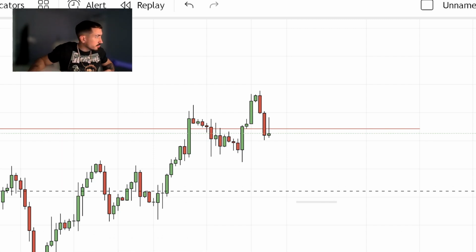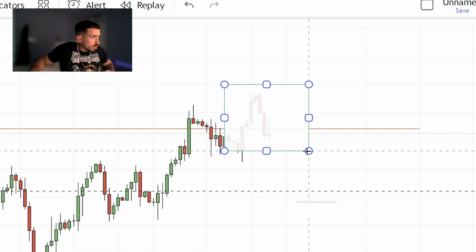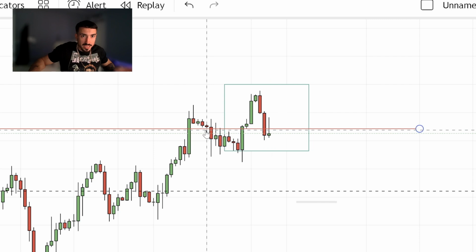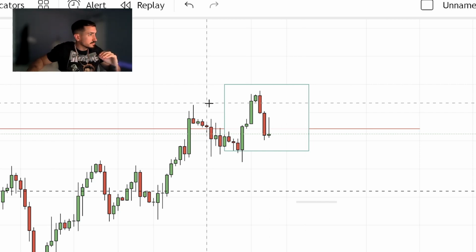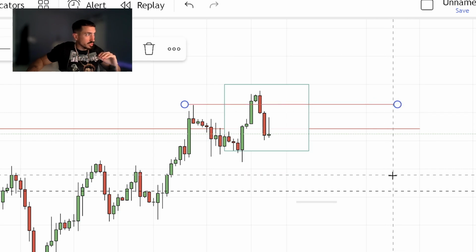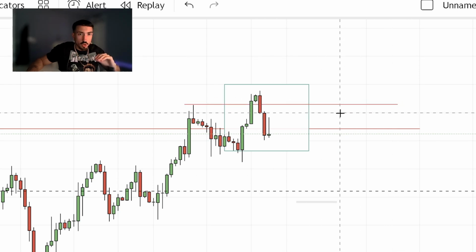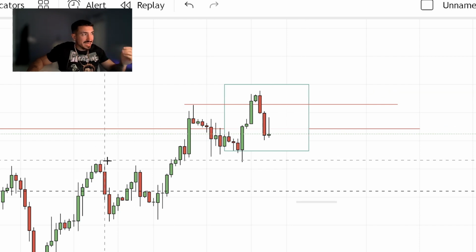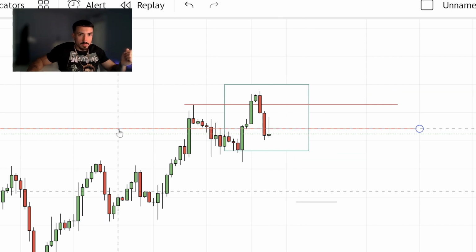This is a perfect sample of buy-side liquidity. This was the last zone of supply, acting as a lot of orders are going to be stopped. Or a lot of orders are going to be placed at this high. So naturally, it would serve institutions and smart money to get in at a much better level.